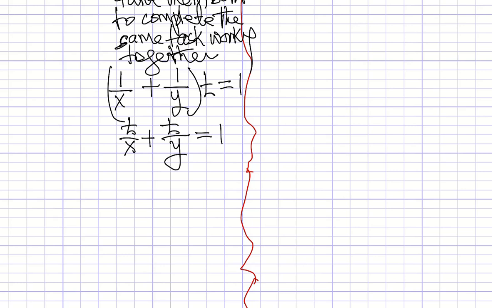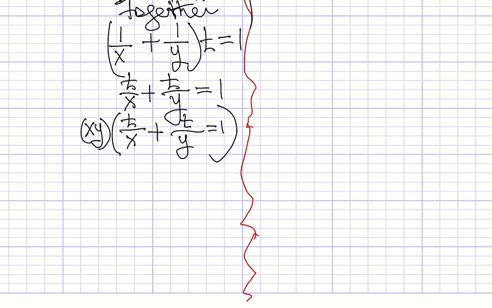We've done it 200 times. We multiply the whole thing by X times Y, equals 1. We multiply the whole equation, like we did many times in the past, okay?